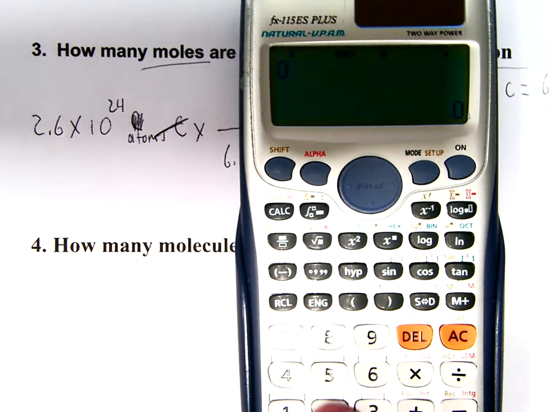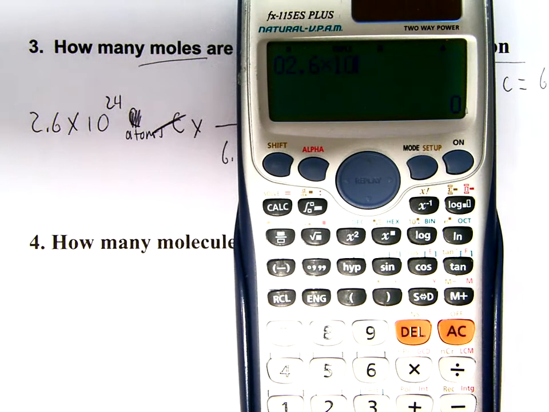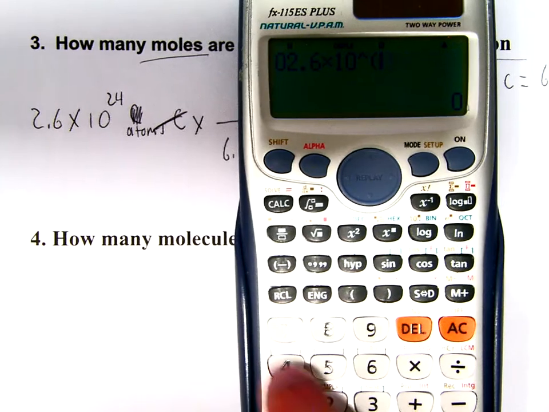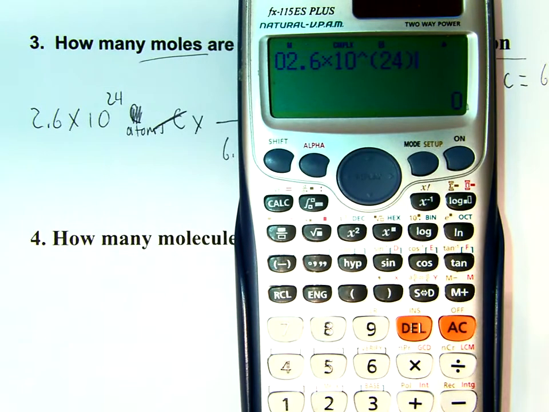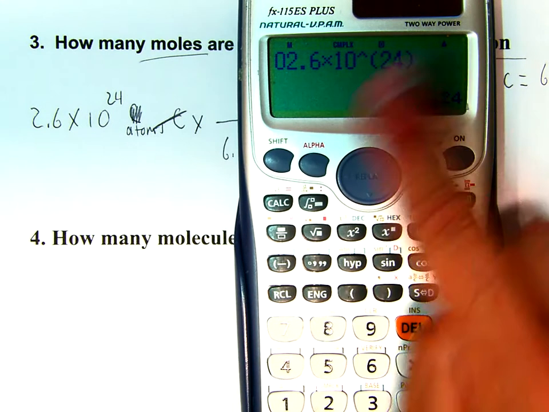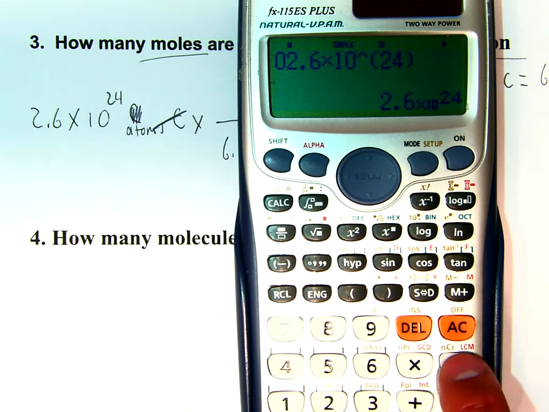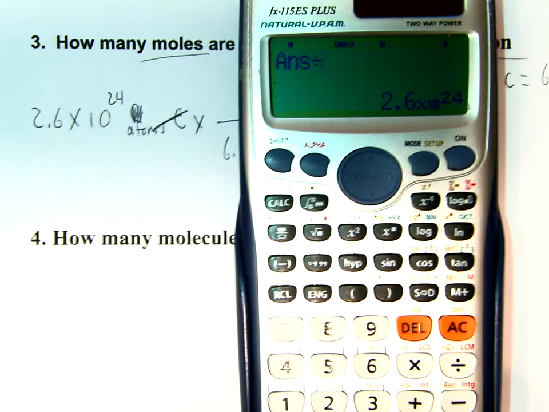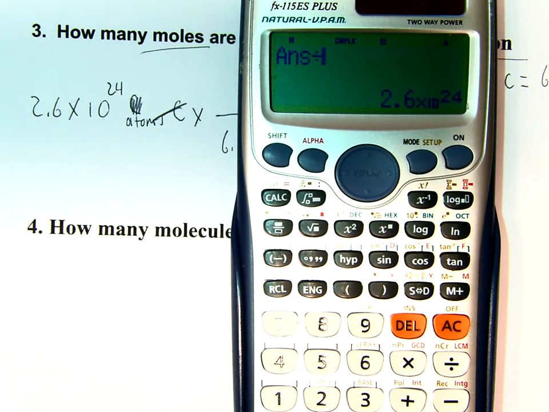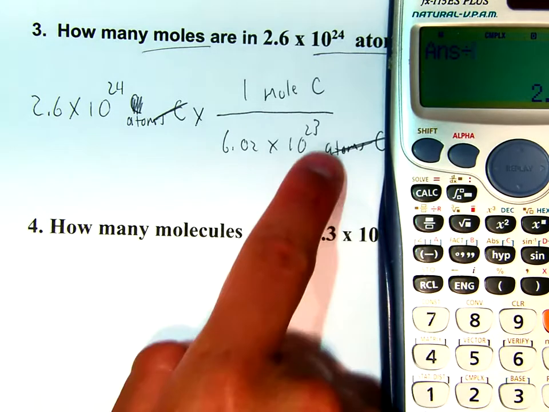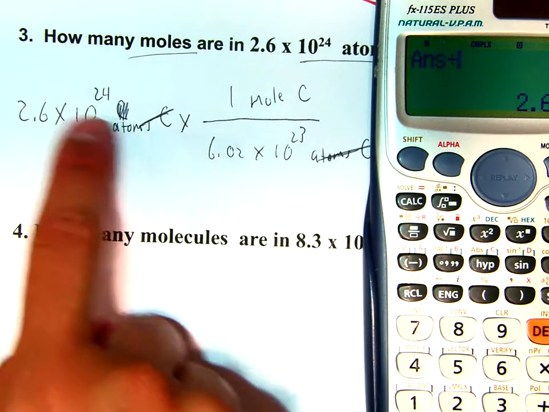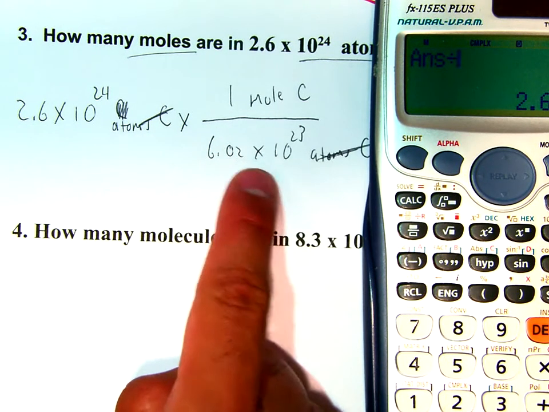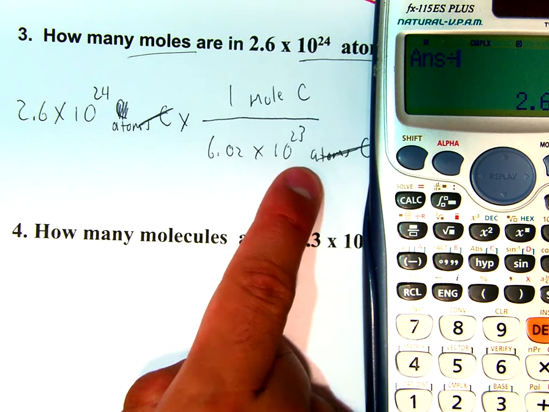So it would be 2.6 times 10 to the 24, close my bracket, actually put this light on, and then I'm going to go ahead and click enter, and it's going to save it for me, right? So now it's saved in my calculator. So now I'm going to divide, but when I divide, this is a really important part, I want to put my whole answer in brackets, because if I don't, then what most calculators tend to do is divide by this and then multiply by that if you don't put it in brackets.